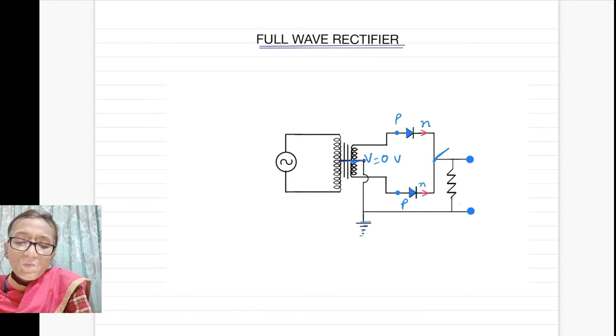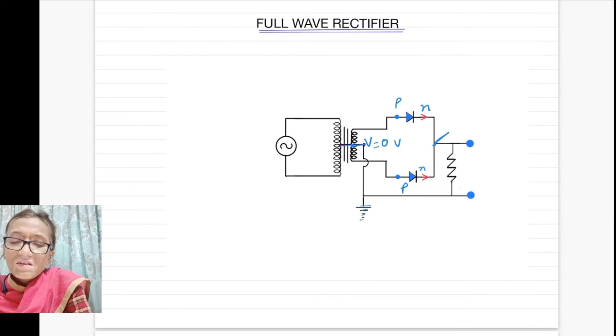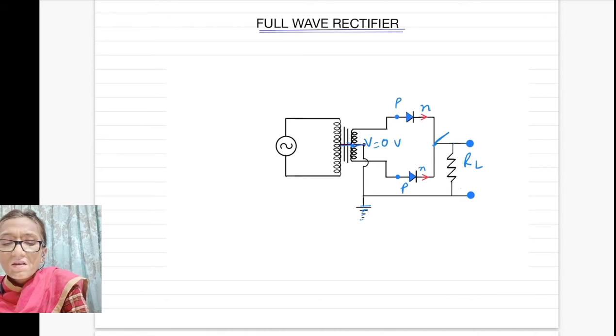And now we connect one load resistance in between this central tapping and the joined N sides of the two PN junction diodes. So this is the circuit. Now how does it work?